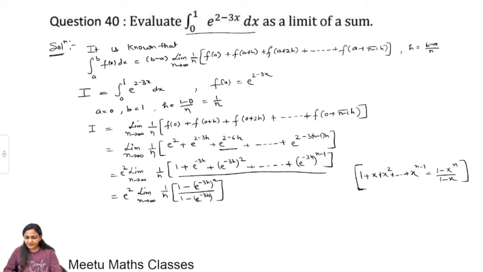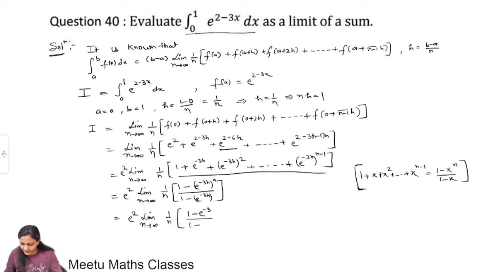Okay. And here we know nh is equal to 1, h is equal to 1 by n, so nh is equal to 1. So you can replace nh by 1. So you are left with minus 3 upon 1 minus e raised to power minus 3h.